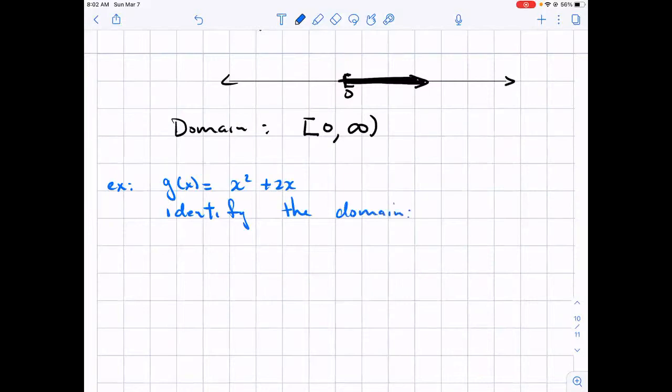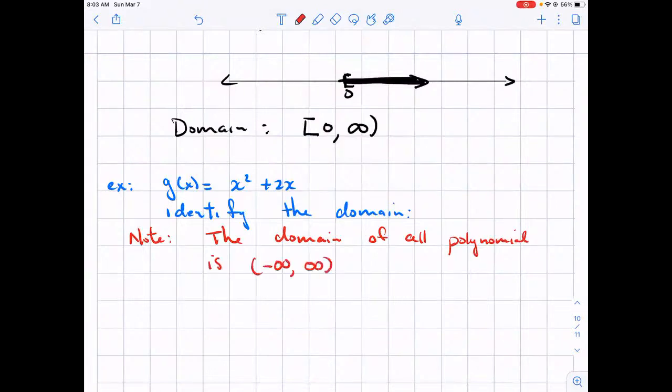Note the domain of all polynomials is minus infinity to infinity.